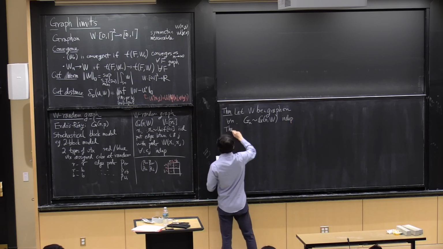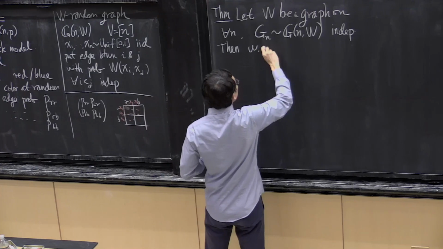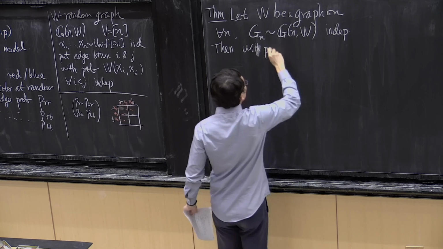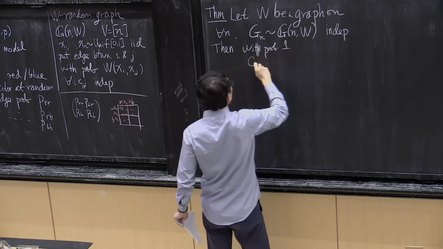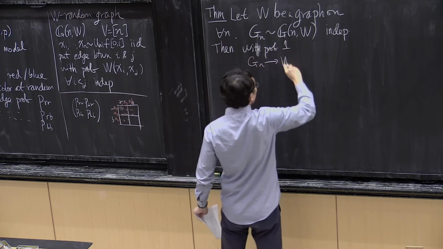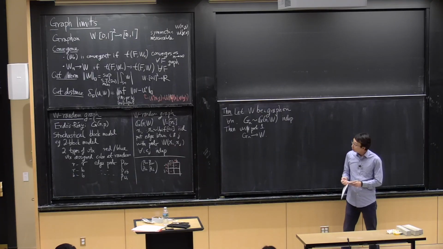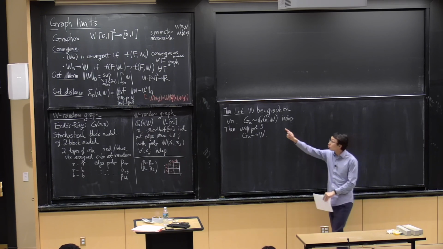Then, with probability 1, the sequence converges to the graphon W. Okay, so in the sense that I've described above.